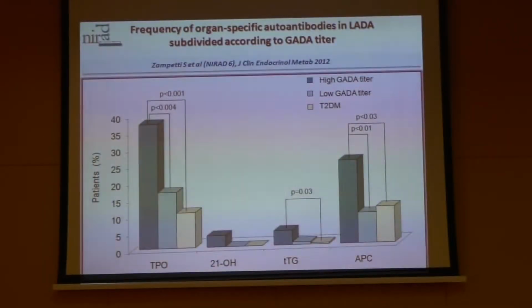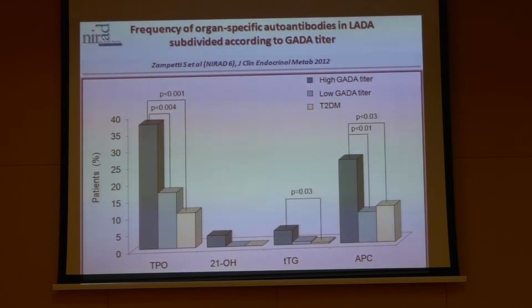And then when you look at the frequency of other specific autoantibodies in LADA, according to the GADA titer, what you can find in the dark blue are the high GADA titer. Look how many TPO, tyrosine peroxidase antibodies, are present in that population compared to the others. Even 21 hydroxylase antibodies, thyroglobulin antibodies, and parietal cell autoantibodies are definitely more frequent in patients that have high titer GAD antibodies.